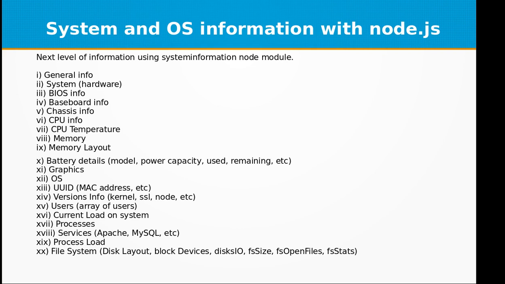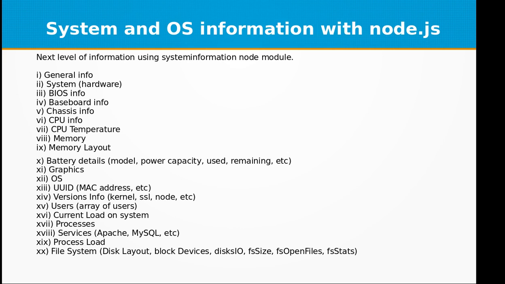Now let's look at the next level of information using the system information node module. This module gets much deeper into your computer and fetches information which is not available using the normal OS module provided by Node.js.